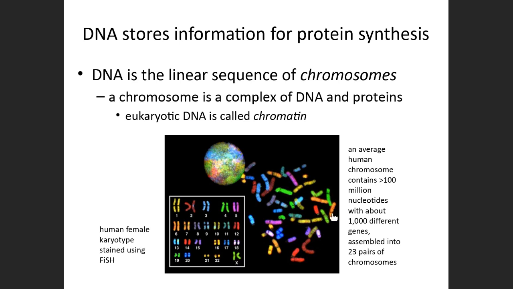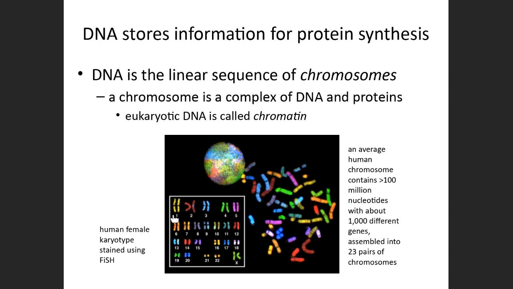We have two oranges that are partners here. We have a couple of reds that are partners. And you can see that the chromosomes themselves have characteristics that make them a little bit different than others. Like we have a really tiny orange one here, which is either 21 or 22, I can't tell. And then we have longer ones like this red one over here, or this big yellow one, which is actually chromosome 1.